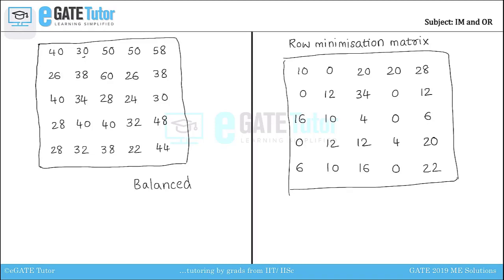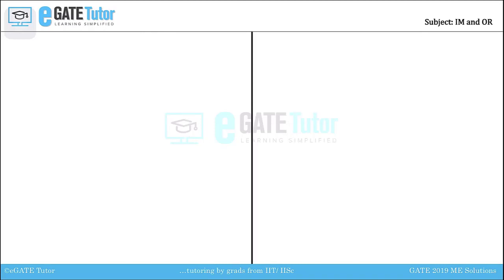Once the row minimization matrix is obtained, the next step is to calculate the column minimization matrix. It is performed on the obtained row minimization matrix by selecting the minimum element in each column and subtracting that minimum element from all the entries of that particular column.